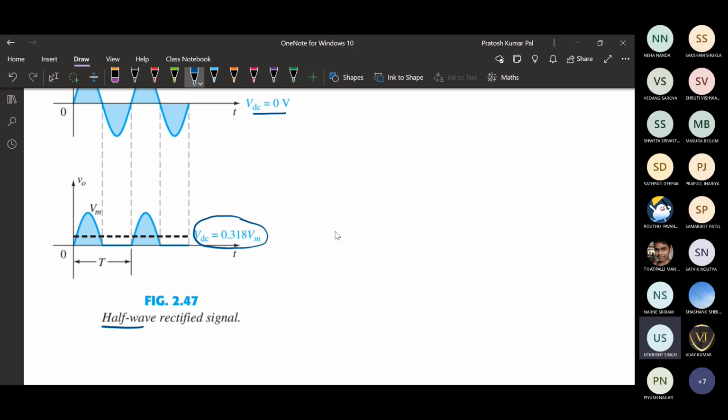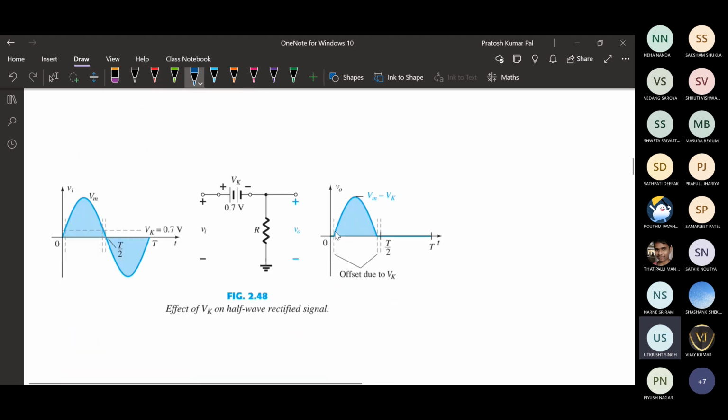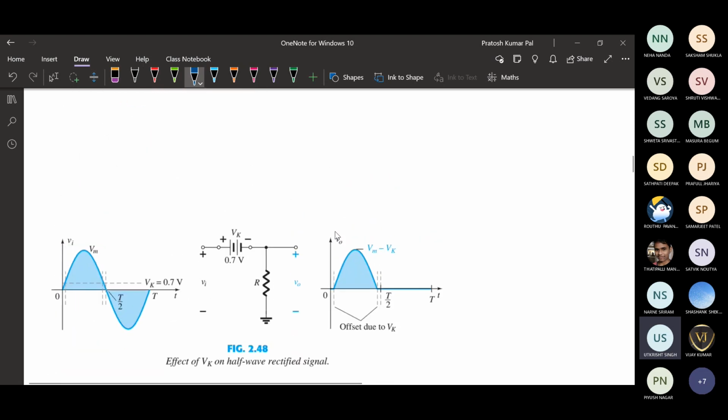Okay, so a similar analysis we can do for the practical diode. Suppose this diode is a practical diode. Then a diode can be represented by its equivalent circuit. If it is forward biased, it will behave like this with a resistance.